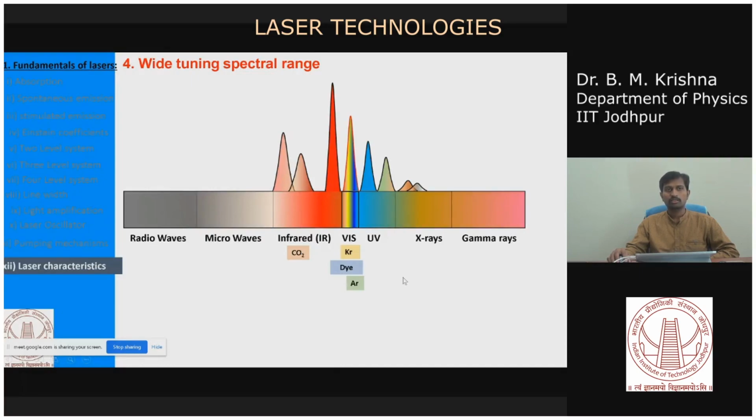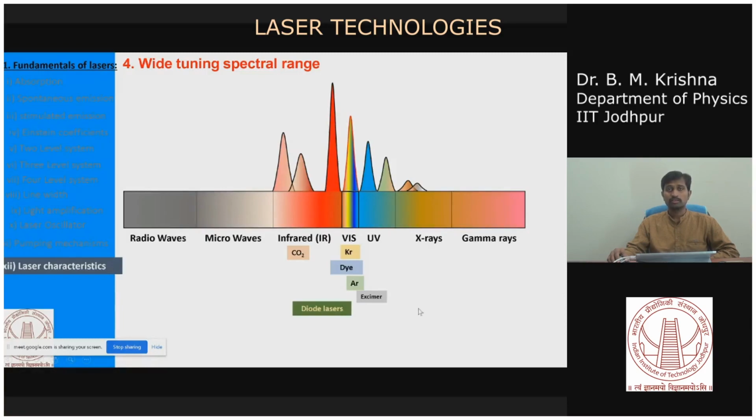The argon laser is in the visible spectrum, covering from around 500 to around 700 nanometers. And excimer lasers, mostly UV lasers, cover from 400 nanometers to 200 nanometers.